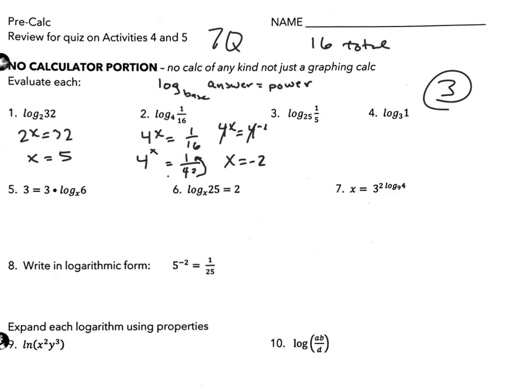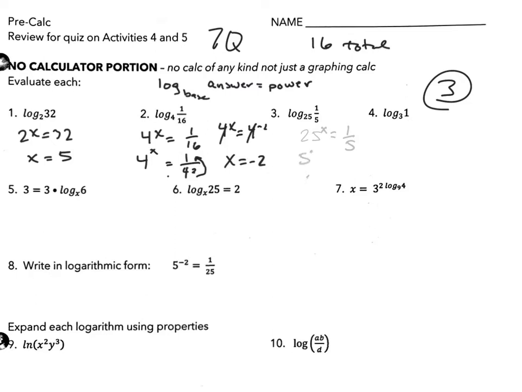Now for number 3, same idea. 25 to what power is equal to 1 over 5? So 25 is really 5 squared, so you want to write it correctly.